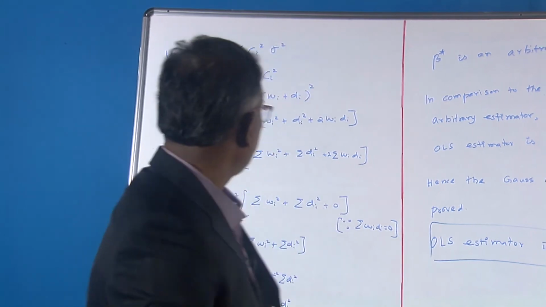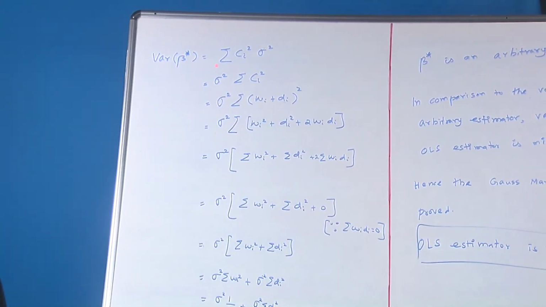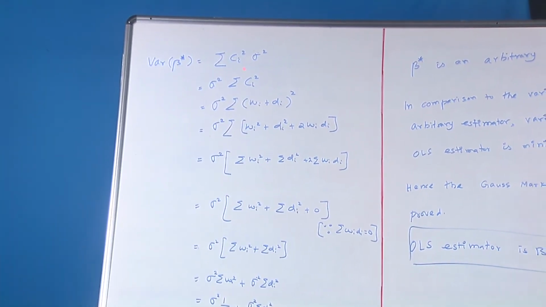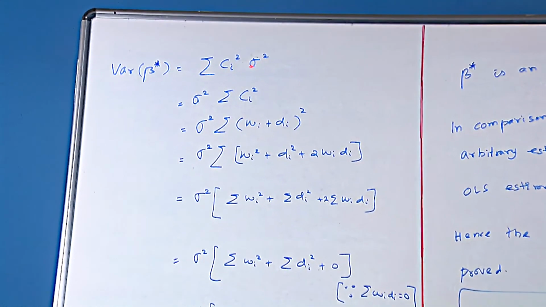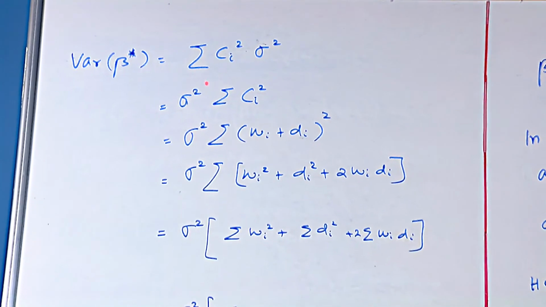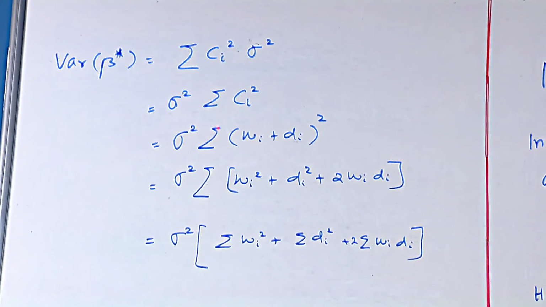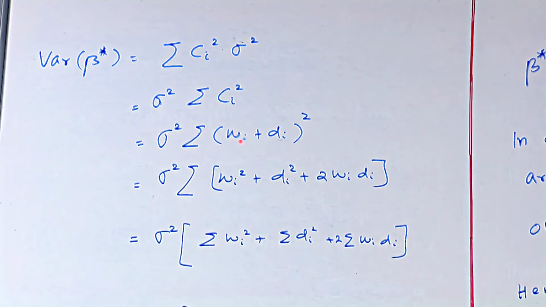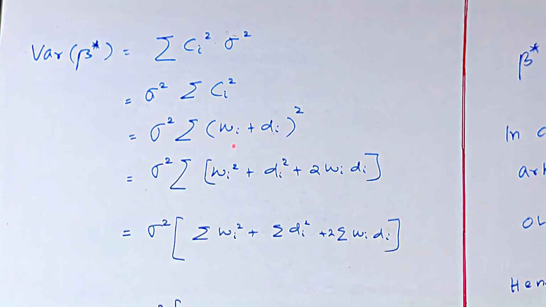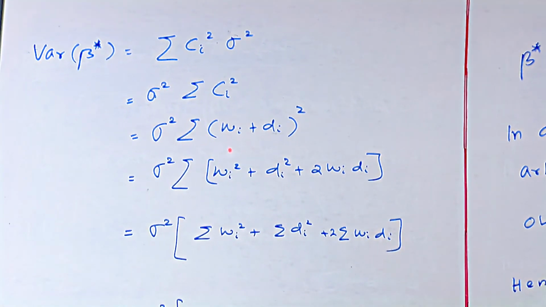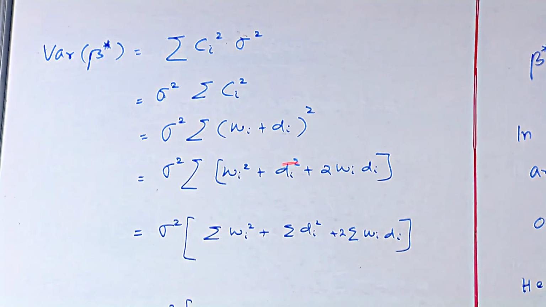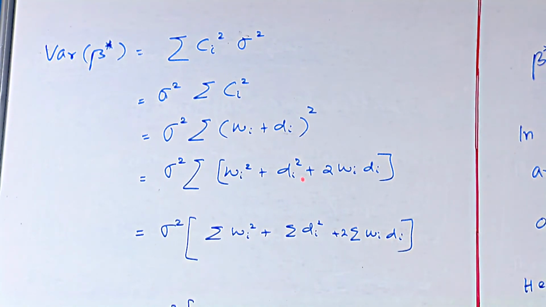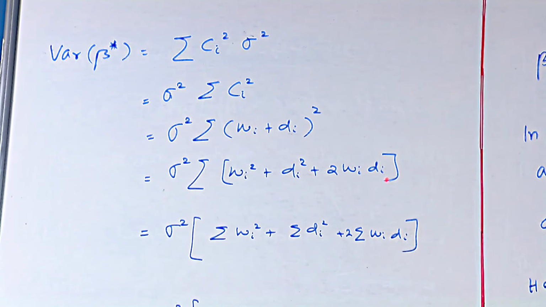Now variance of beta star is equal to Σ Ci square sigma square. Sigma square is a constant, so we may take it outside. So inside we have Σ Ci square. Ci is nothing but Wi plus Di, so we may substitute that expression. So this becomes a plus b the whole square, which may be written as Wi square plus Di square plus 2 Wi Di.